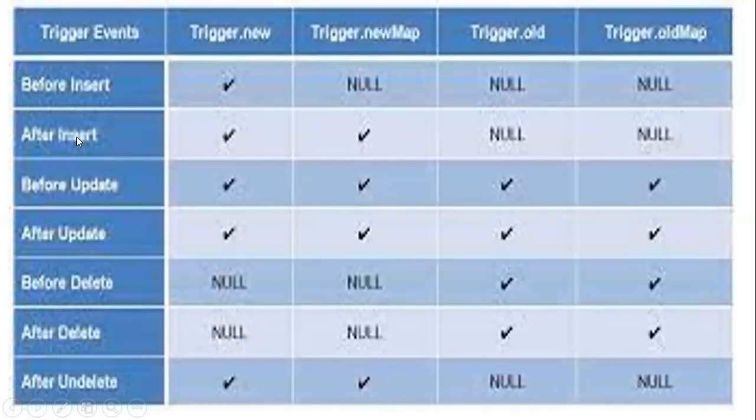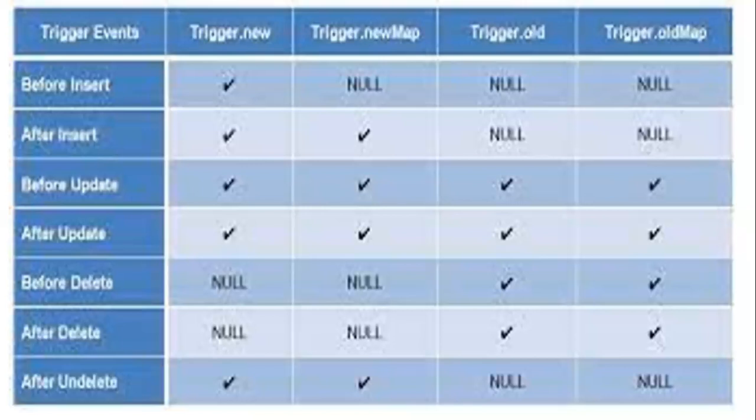So I will give a summary. Before update and after update have the four trigger context variables. Before insert has only one context variable, trigger.new, but after insert has the extra context variable trigger.newMap. Before delete and after delete work on already existing data, which is old data.